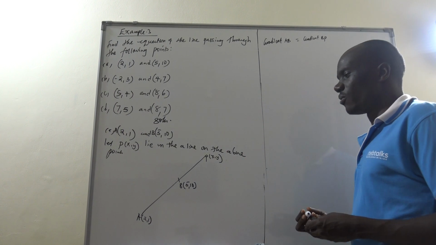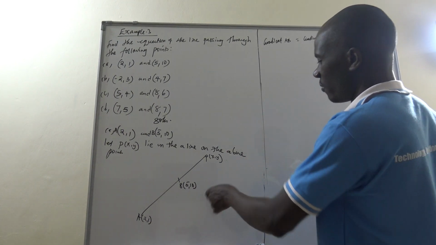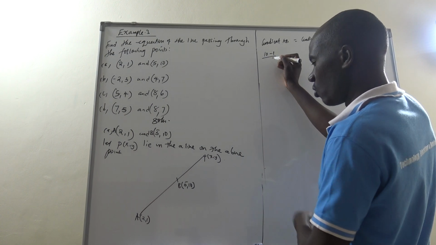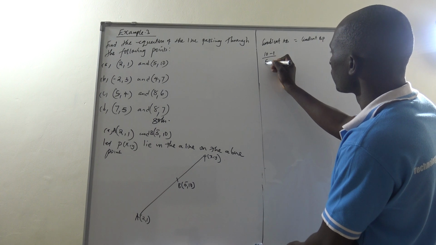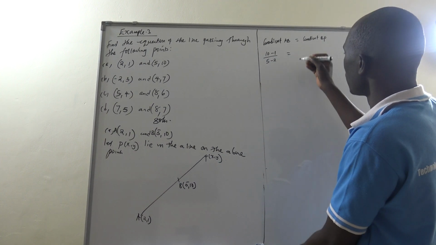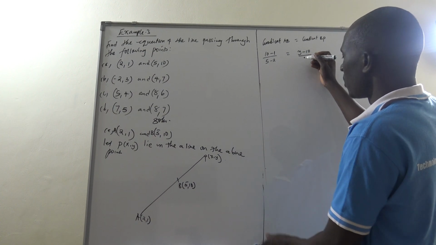How do we get the gradient of AB? Change in y over change in x, which will be 10 minus 1 over 5 minus 2, which is equal to gradient BP, y minus 10 all over x minus 5.